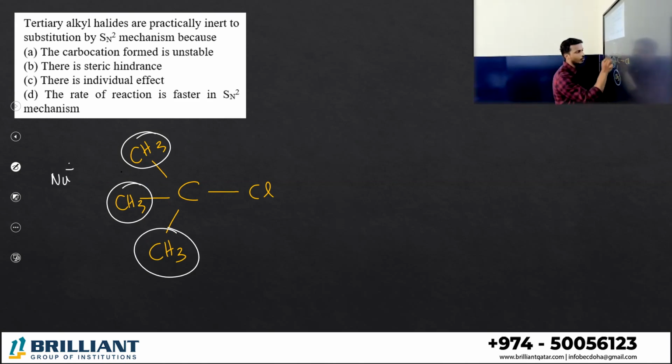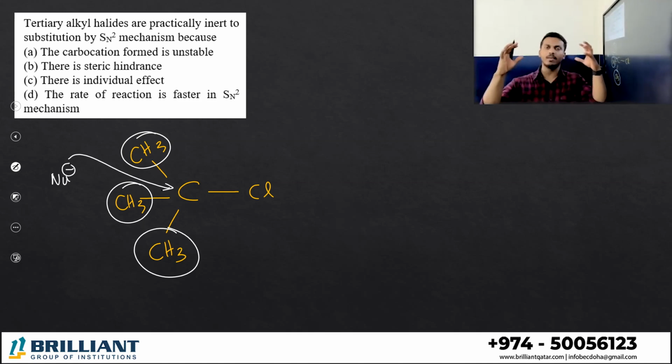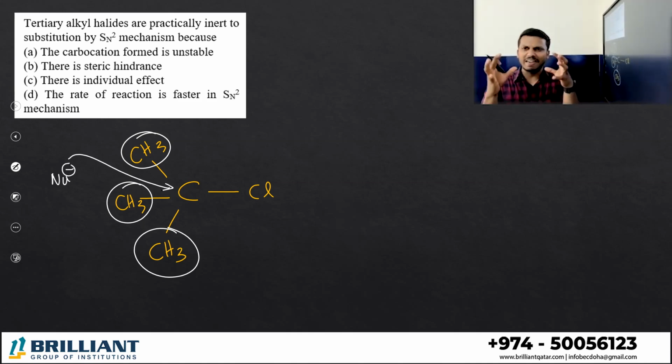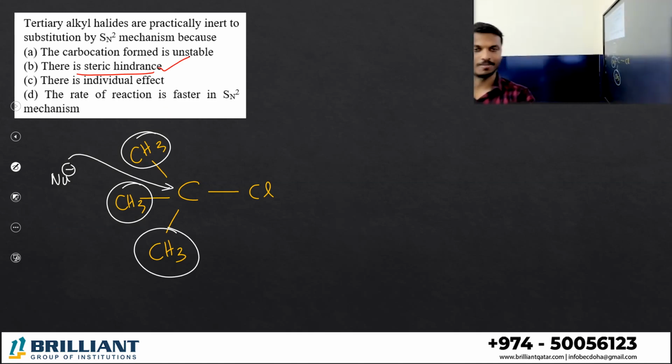Opposite side of the halogen. If bulky groups are present, steric hindrance is maximum, crowdedness is maximum. So can the nucleophile attack? No. So what is the major reason SN2 mechanism is not possible in tertiary? Due to steric hindrance and crowdedness.